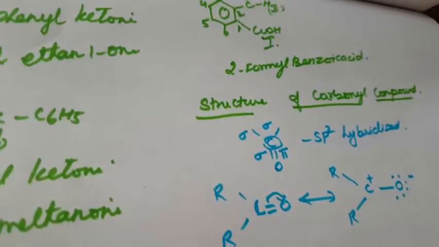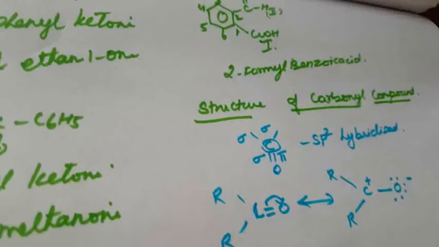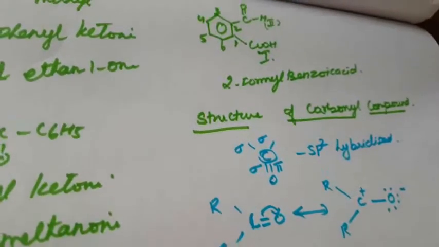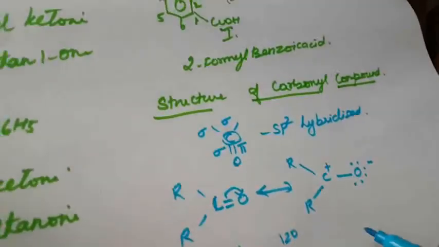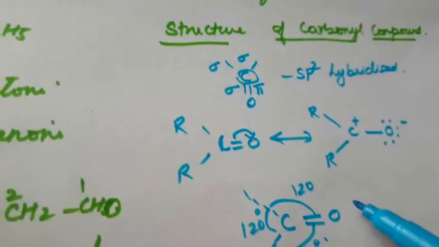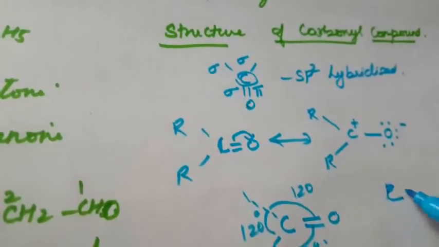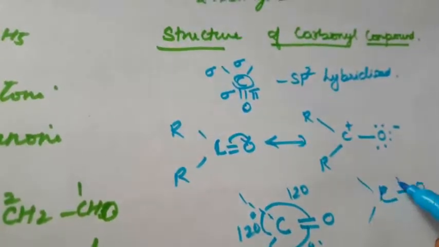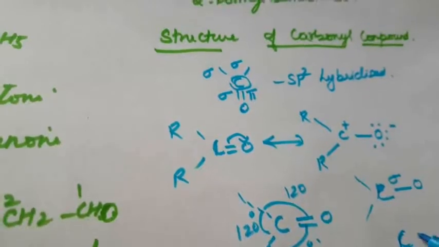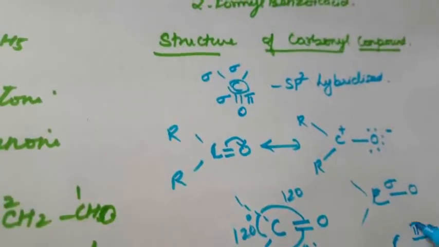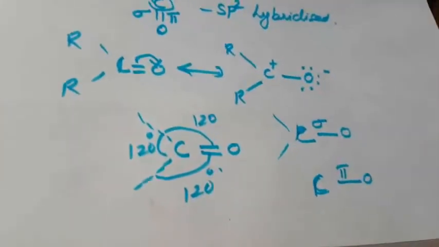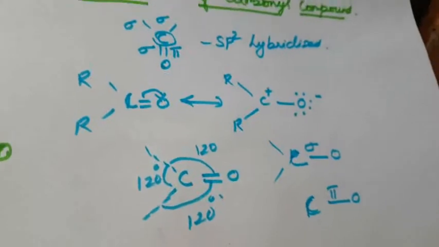The bond angle is 120 degrees, this bond angle is 120 degrees, and this one is also 120 degrees. One bond is a sigma bond between carbon and oxygen, and the other bond of the same compound is a pi bond. Okay, this is the structure.